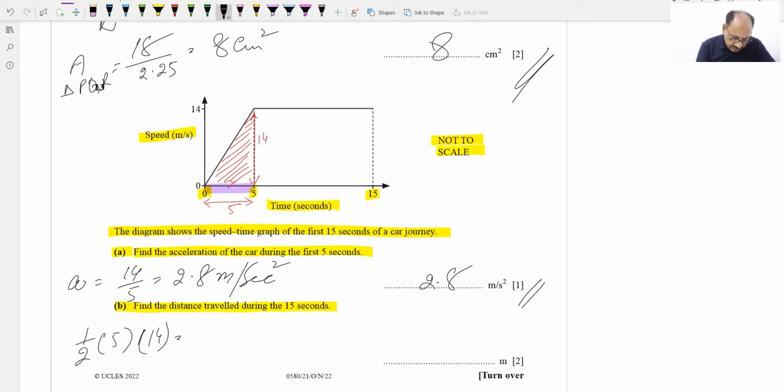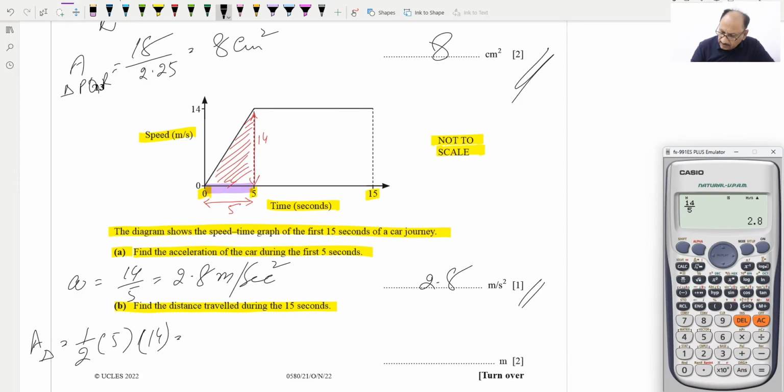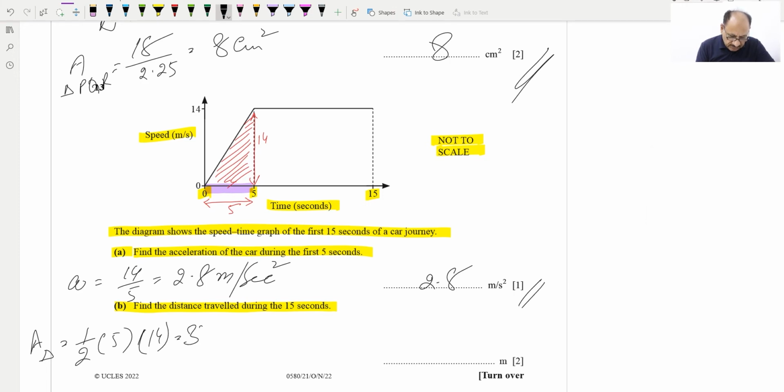This is the area of the triangle, and this is basically the distance in the first 5 seconds. So 0.5 into 5 into 14 will give us 35. So this distance is 35.